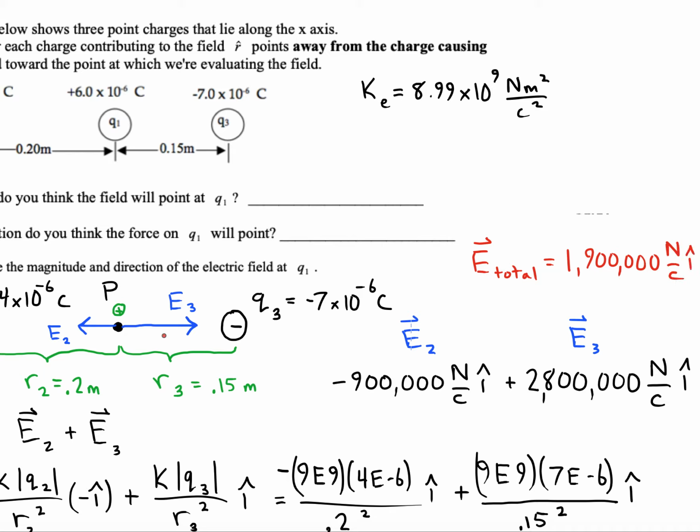If we wish, we can redraw our diagram and show that those two vectors add together to just a single field pointing to the right. What that means is if there is a positive charge here, it's going to feel pulled toward Q3.